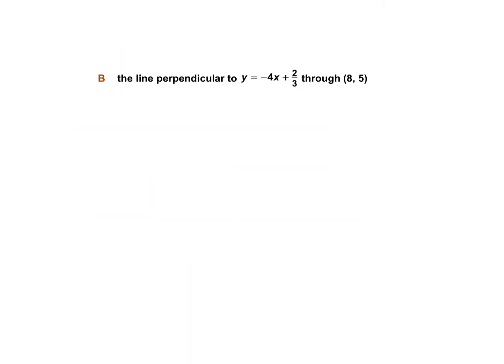Next, we're trying to find the line perpendicular to y is equal to -4x plus 2/3 through this point. Perpendicular slopes mean that they are opposite reciprocals. So opposite means that our signs flip, so if it's positive, it goes to negative. Here, it's negative, so it's going to go to positive. And reciprocal means that we flip it.